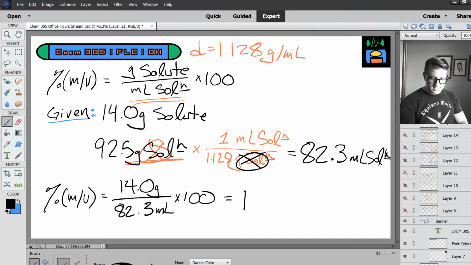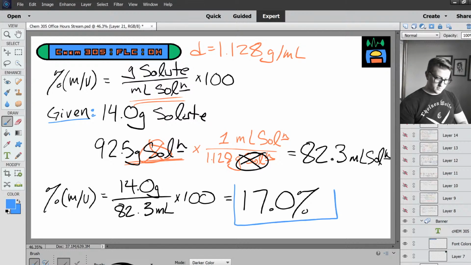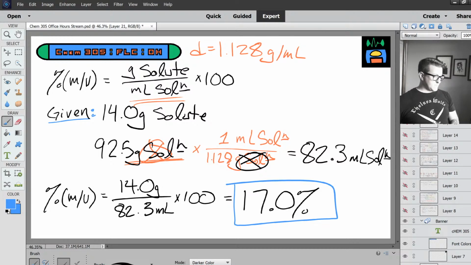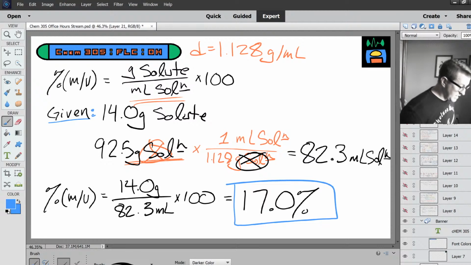So this comes out to be 17.0%. So that's another way, and if you go back in the video and look at how I calculated it previously, the answers are the same. There's more than one way to work this particular problem, which is kind of cool.